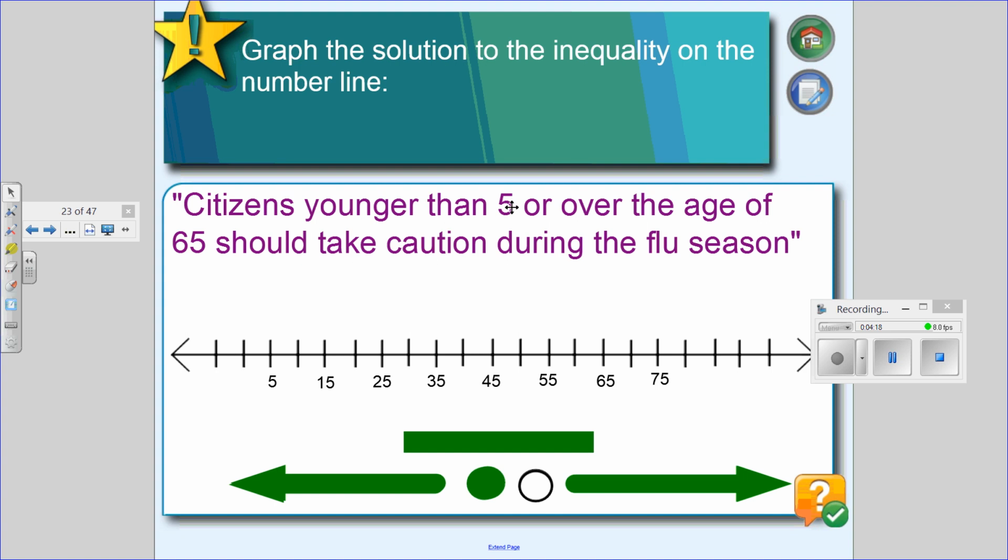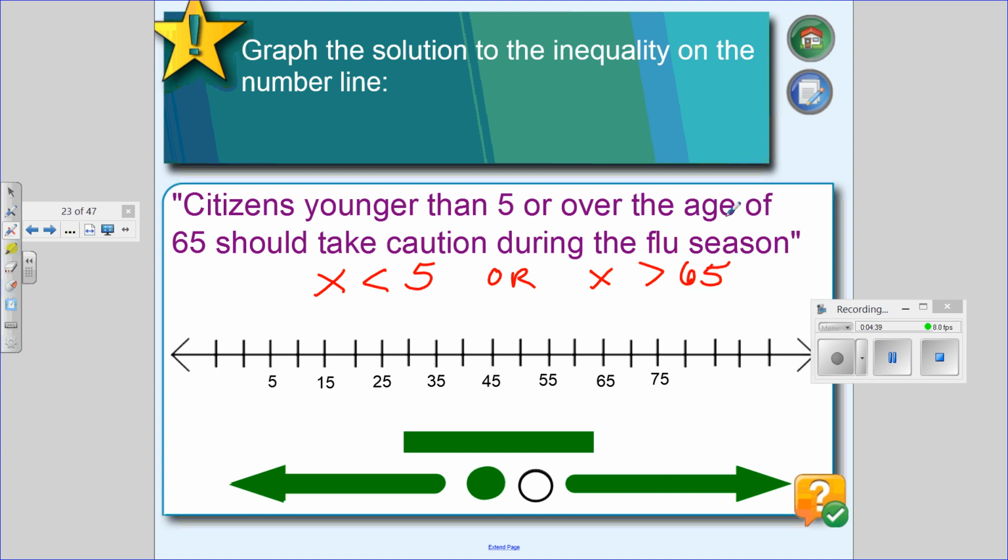So younger than 5, how do we graph that? Let's say the variable is x. X must be younger than 5, under 5, or x should be over the age, greater than 65.